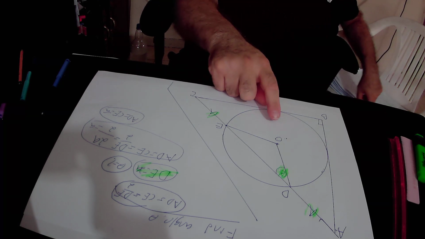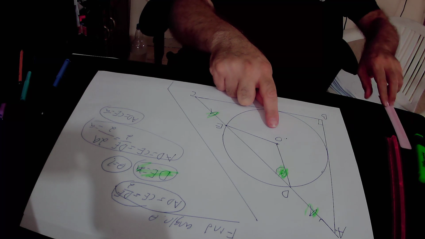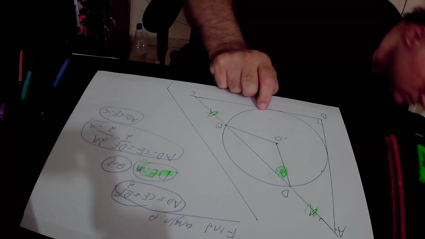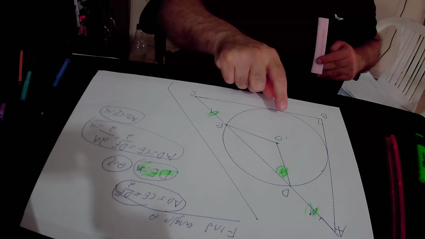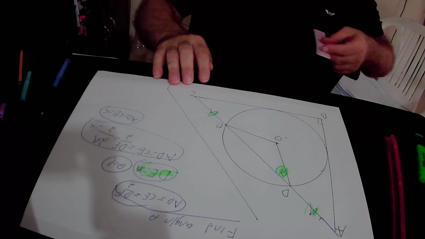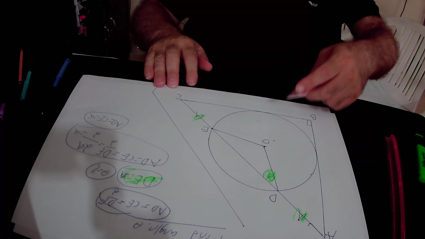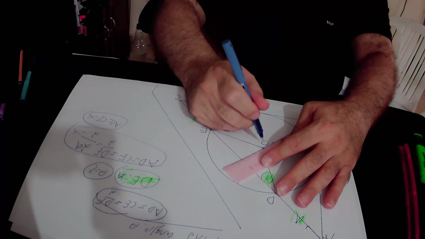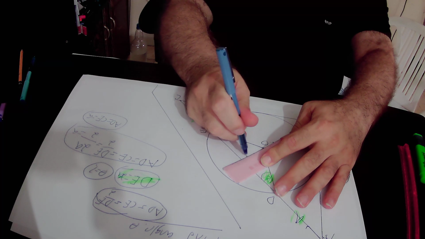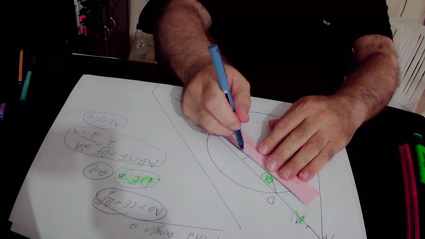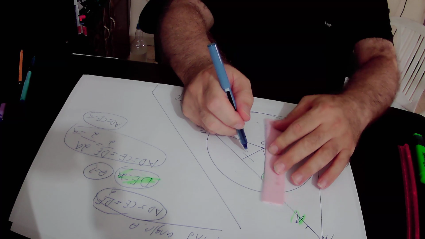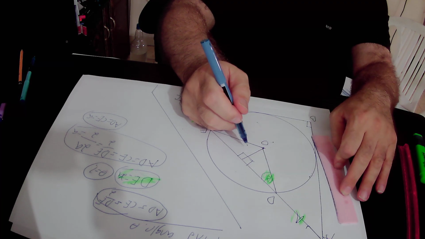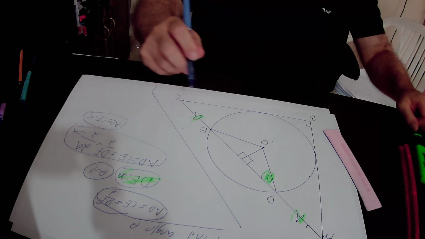From the center of the circle, that is to say from point O, we draw a perpendicular to chord DE. So this angle equals 90 degrees and this angle will also equal 90 degrees according to our construction.